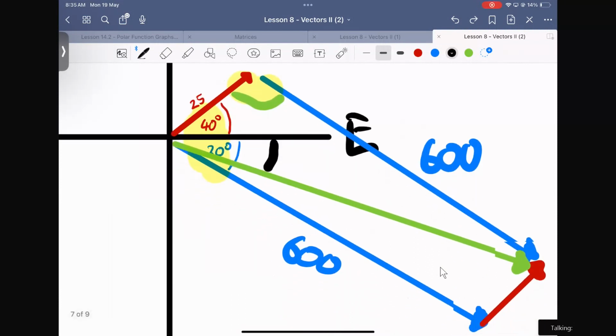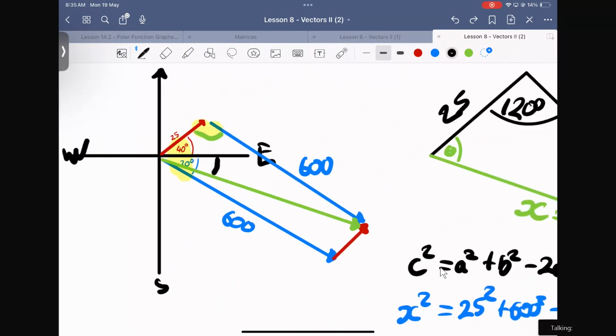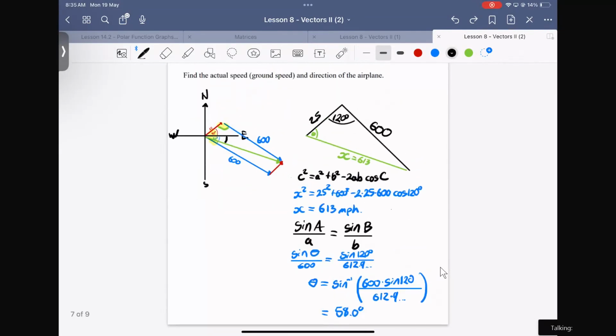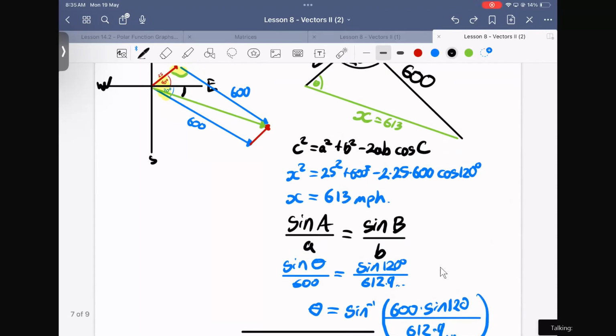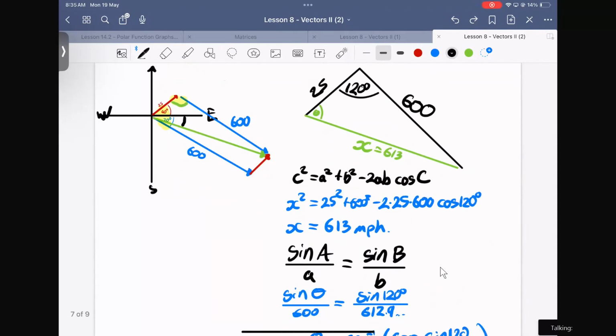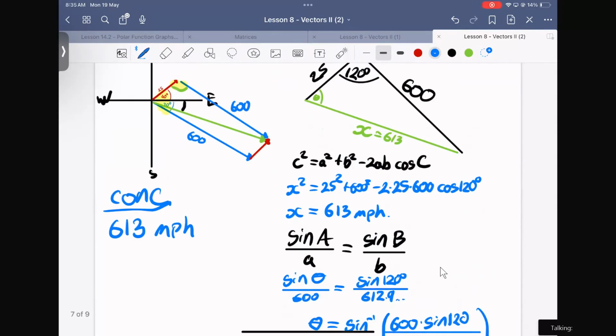So the angle that we're after, if we subtract 40 from it, is going to mean that our conclusion is the ground speed is 613 miles per hour at, taking off 40 means it's 18 degrees, at 18 degrees south of east.